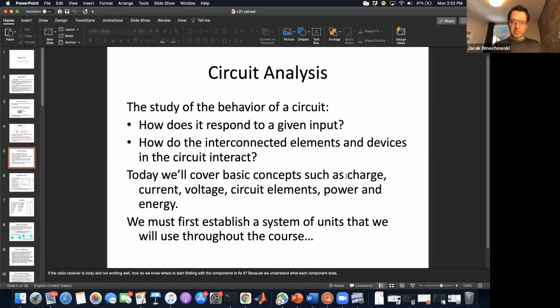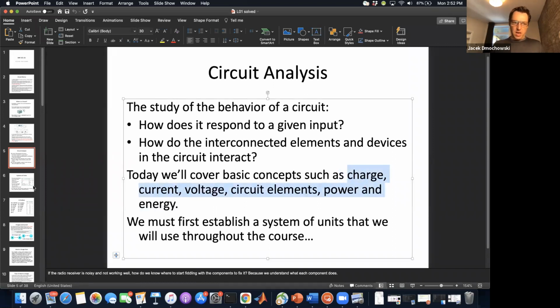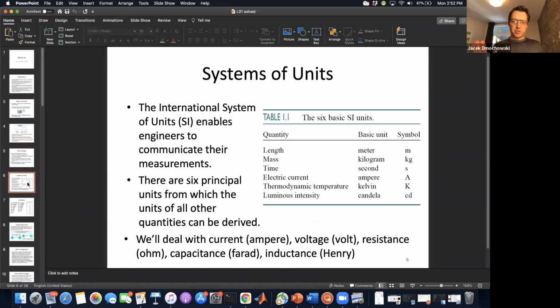So today we're going to be covering the basics: charge, current, voltage, and power, right? I'm not going to spend any time on the next two slides, other than to say make sure you are familiar with the standard units for current, which is the amp, and time, which is the second.